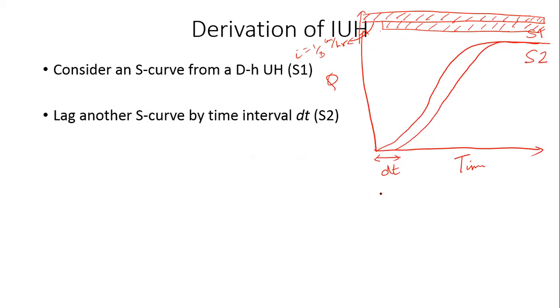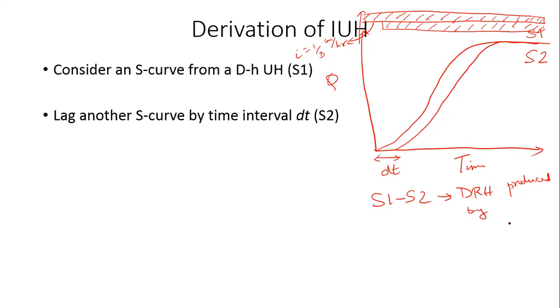So if I do S1 minus S2, it will be a direct runoff hydrograph produced by how many centimeters of rainfall? Can you quickly calculate? What is that? dt by d. Does everybody agree with that?